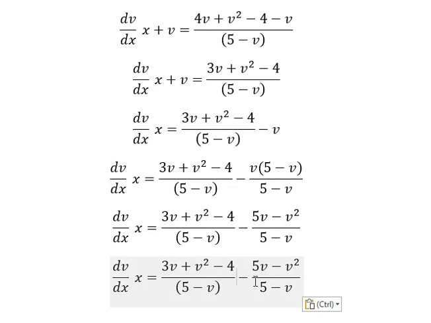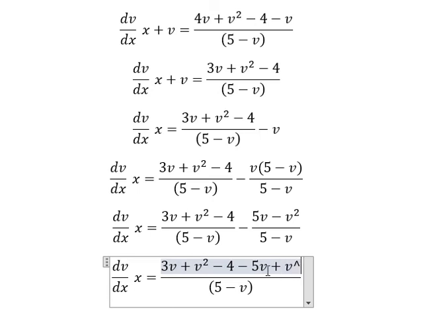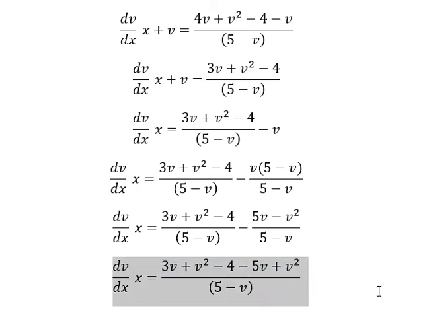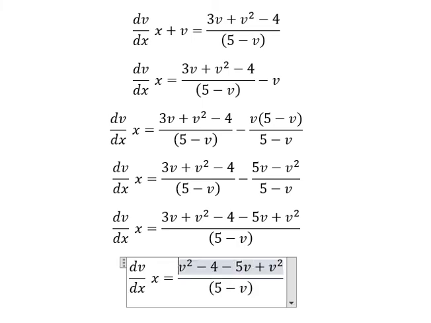Now we need to change the sign of this one. So 3v minus 5v, we have negative 2v. v squared and v squared, we have 2.